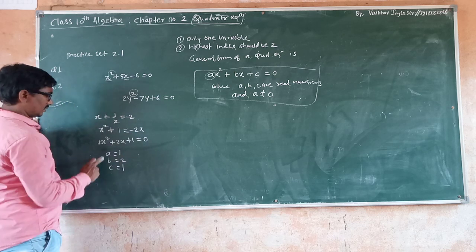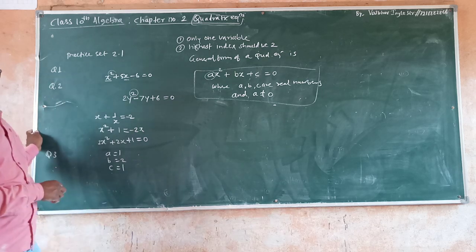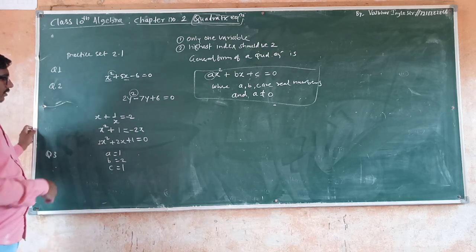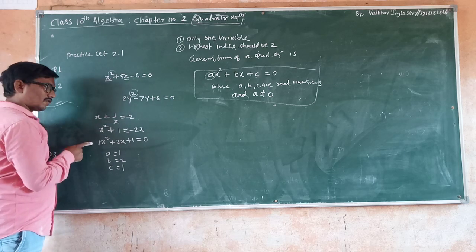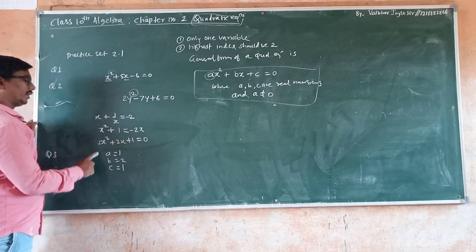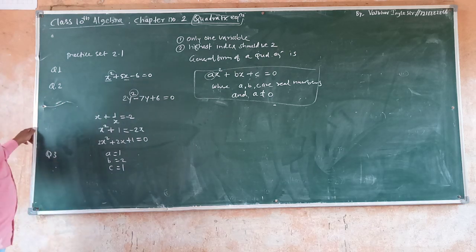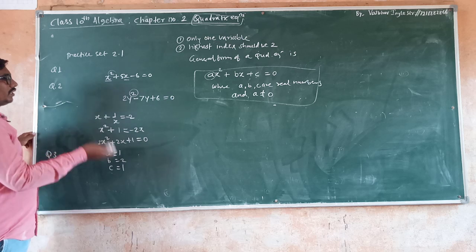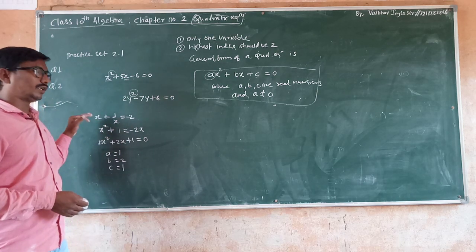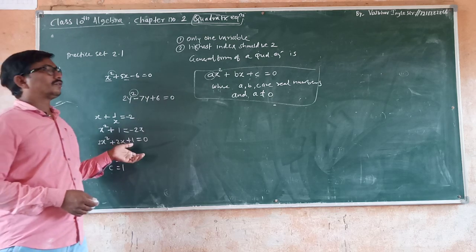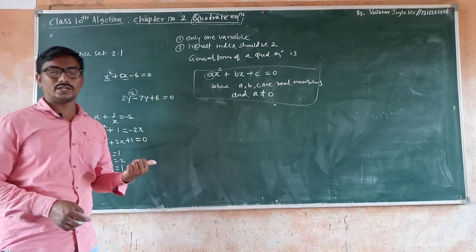This is there in question number 3, where you have to write the given quadratic equation in the general form, and then write a, b, c, that is the coefficients a, b and constant term c. So in this way you can try to convert any given equation into the general form of quadratic equation, and then write the values of a, b, c.